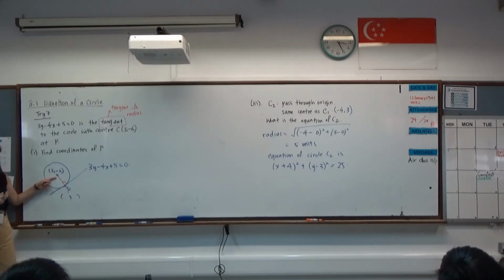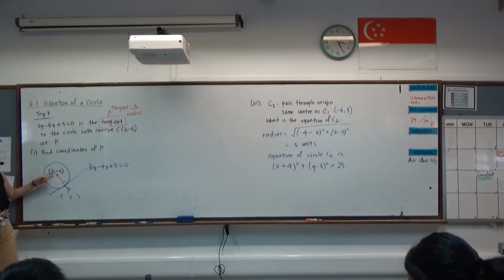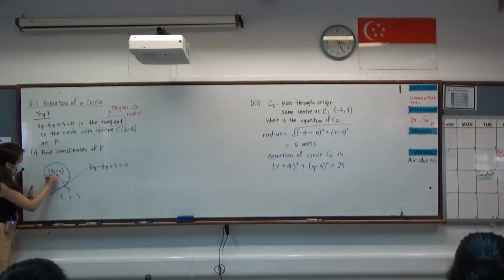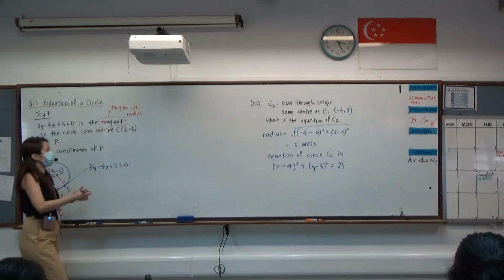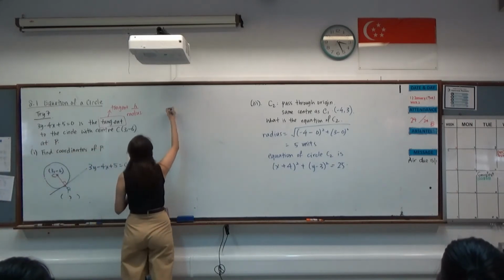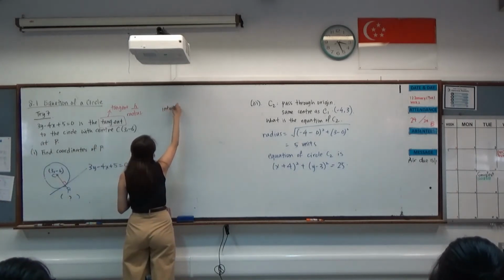So the next step is to think how to find the equation of this radius, the line from the center C to P, this line CP. We were talking about the intersection of two lines.